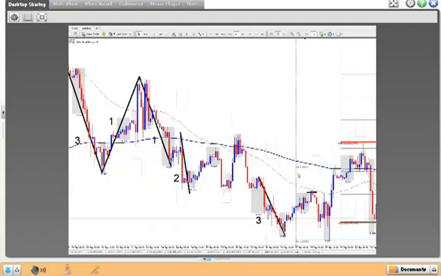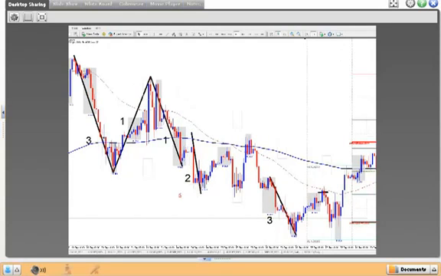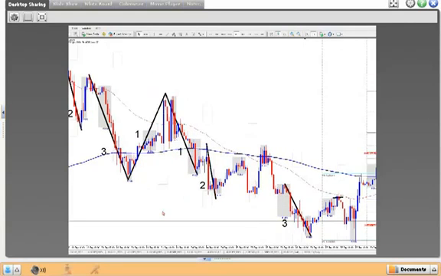So I want to go to some charts here. I'm just pulling up the charts that I use for the room. The charts are a bit marked up, but I think that's good because it'll give us an overview.